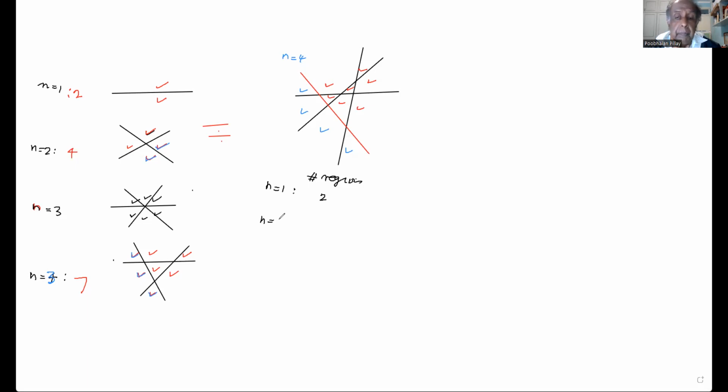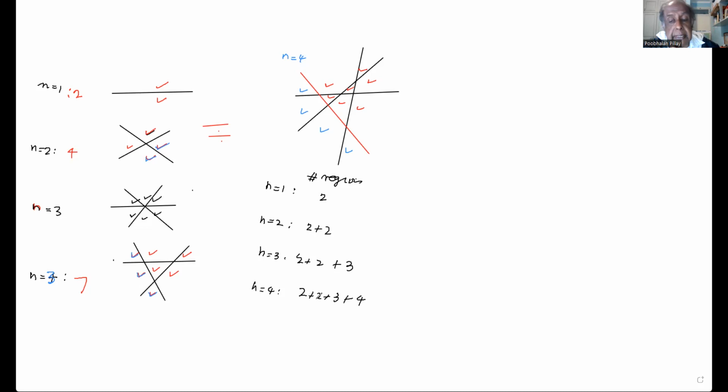When n equals 2, we take those 2 and add 2 new regions. When n equals 3, we take what we have here, those 4, as we saw in red, and add 3 new regions. When n equals 4, we don't simplify this. We just see how this thing develops. You've got your 2 plus 2 plus 3 here, and you're adding 4 new regions.